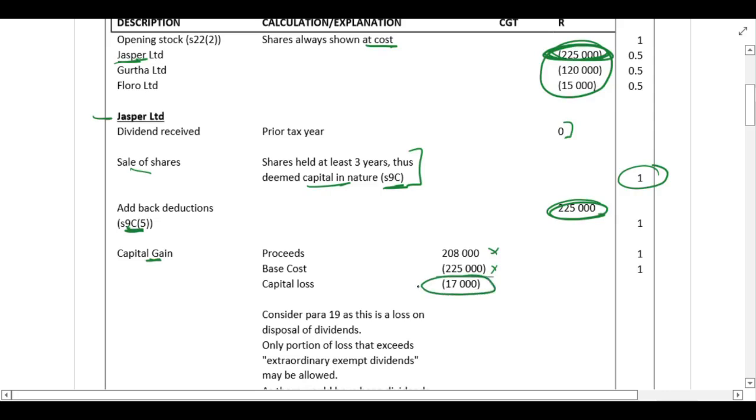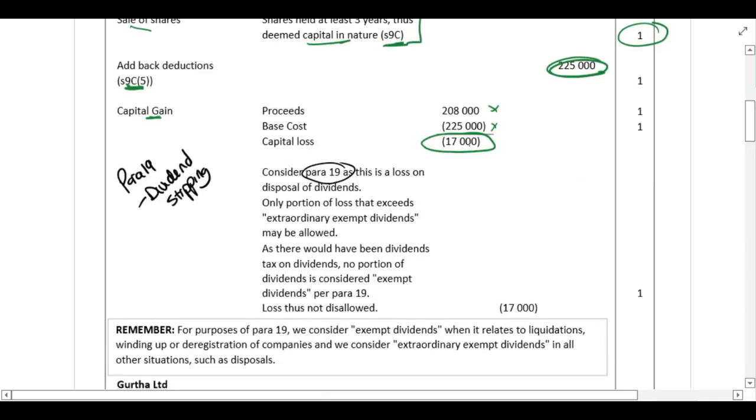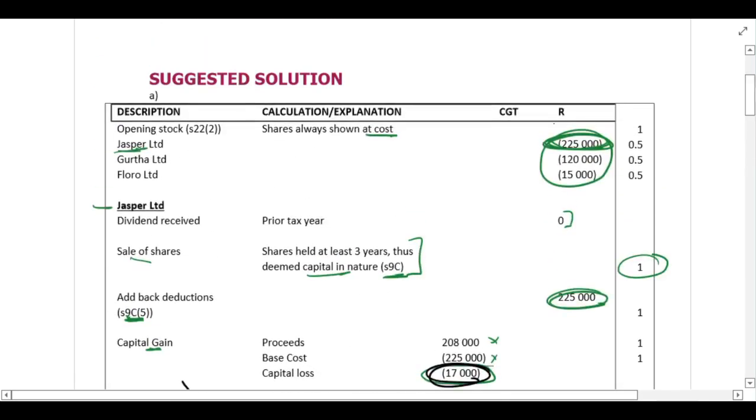Now remember, whenever you make a capital loss, that is when you sell the shares or when there's liquidation you make a loss. When you make a loss on the selling of shares, you have to consider paragraph 19. Paragraph 19 is the dividend stripping section. This section says the amount of loss, because remember this is now our CGT column over here, right?